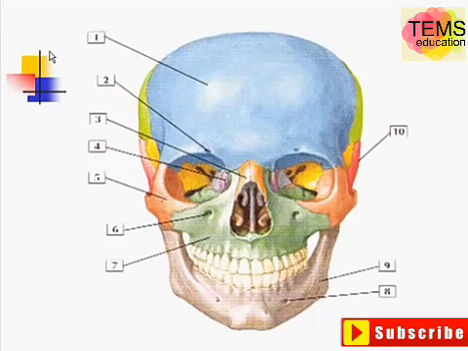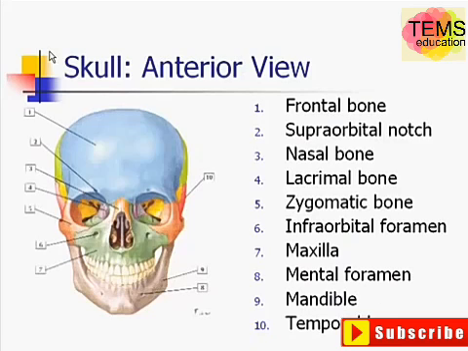Let's review a bit. If you were to take a look at this, see if you can identify these areas. Now remember, number 2, supraorbital notch or foramen.